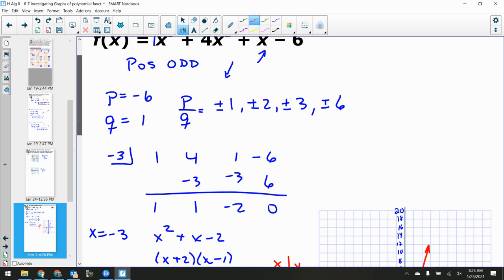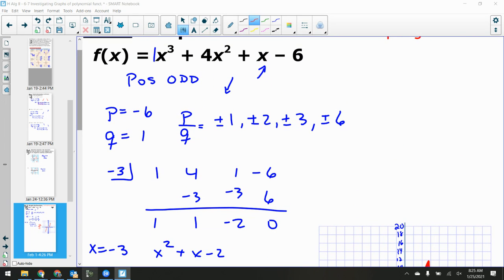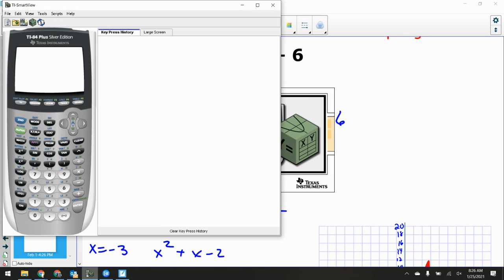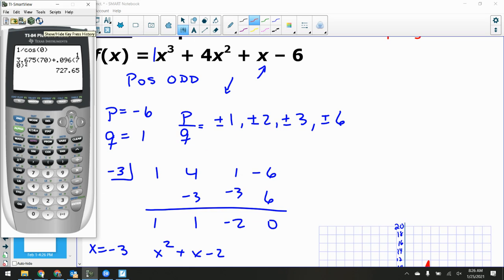So when we run -2.5 through, let's see what we get. Well, you could use calculators. No graphing calculators. So -2.5 cubed plus 4 times -2.5 squared plus -2.5 minus 6.